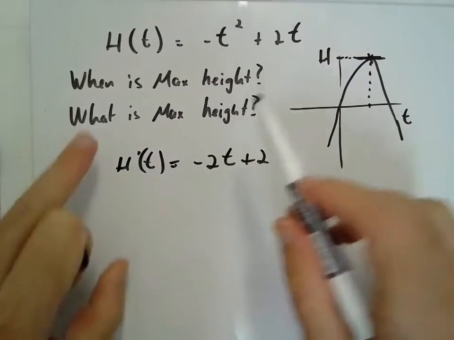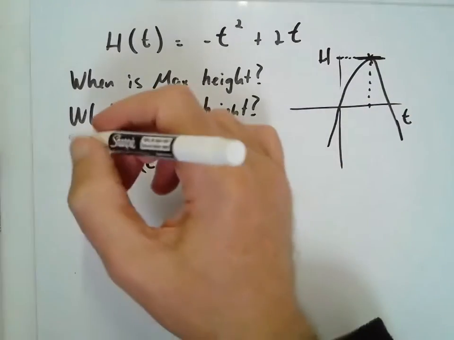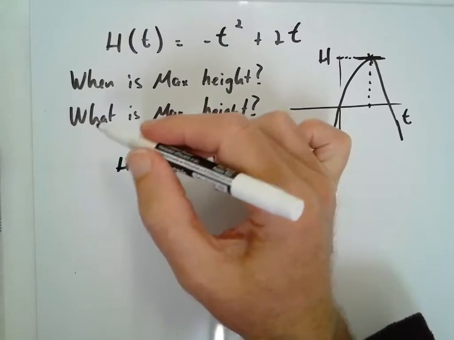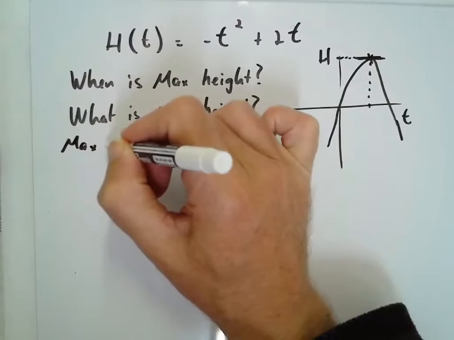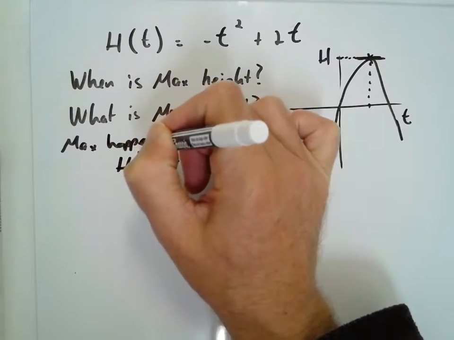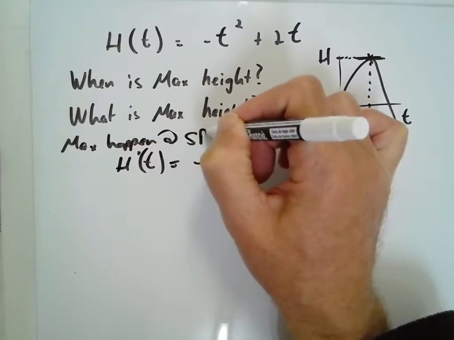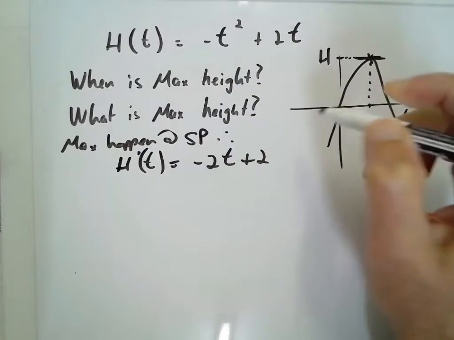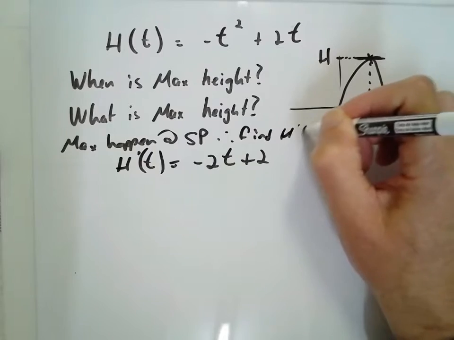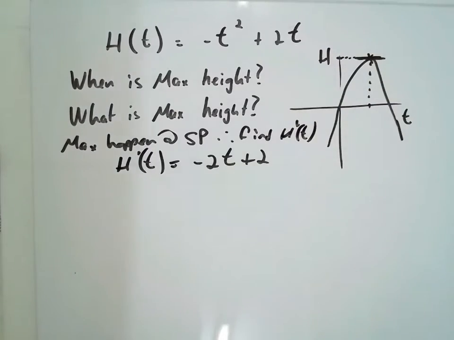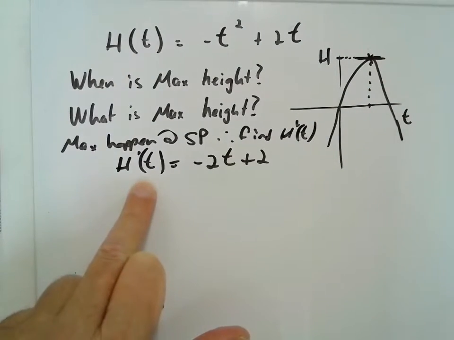Because we're finding the maximum height, let's communicate fully. Maximums happen at stationary points. Therefore, find h'(t), and then we found h'(t).